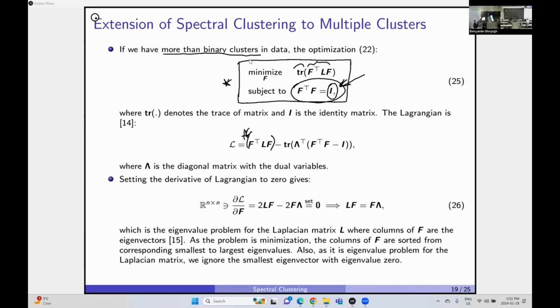Because it's quadratic, it's like a bowl. Trace of F transpose LF, when is it minimized? At the origin, when F is 0, right? Then it will be a ridiculous optimization problem. I need to say only search for orthogonal matrices, because a 0 matrix is not an orthogonal matrix.